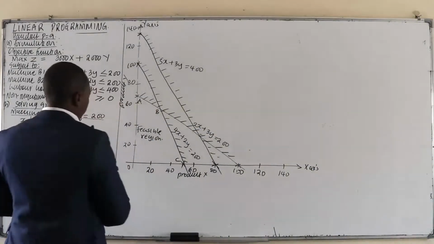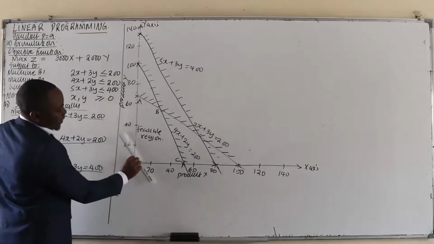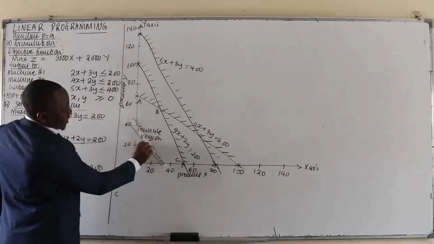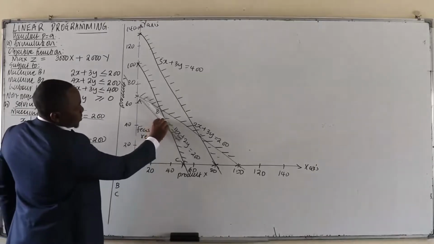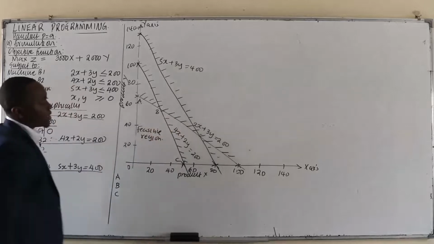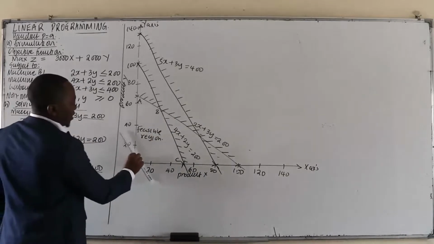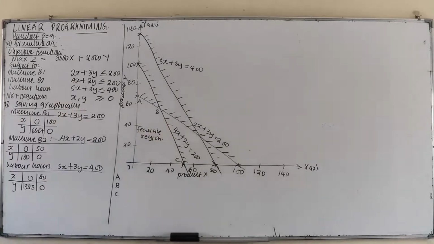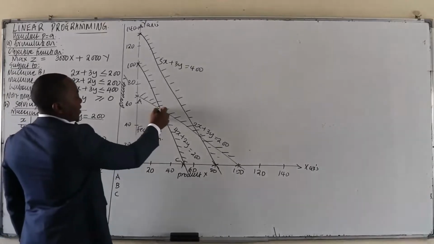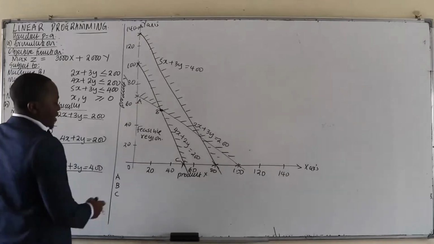So if you're moving from the origin here, the last corner to be touched by this ruler will be the optimal corner. Which one is the optimal point? Yeah, so that one will be corner B.